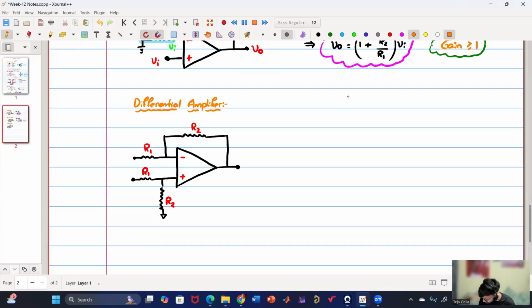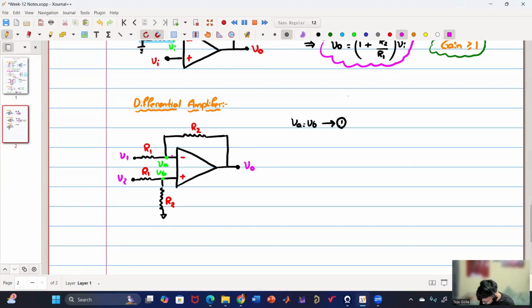And these are our inputs, which are V1 and V2. Now we have to get V0 in terms of V1 and V2. First of all, I know that say this terminal voltage is VA, this terminal voltage is VB. Very first thing I know is VA equals VB. So this I'll consider equation 1.